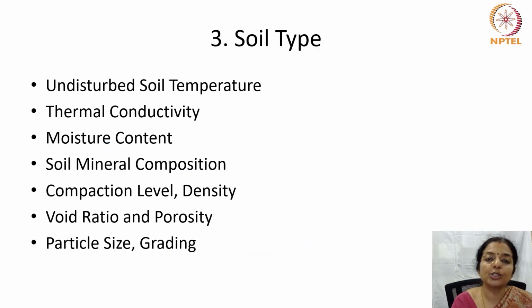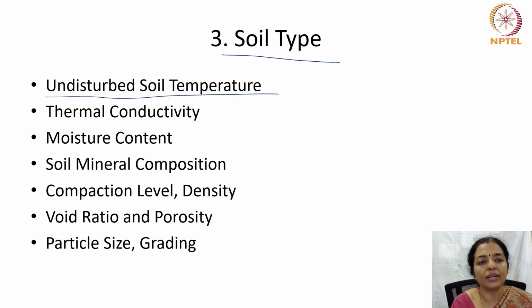Third is soil type. So soil type is very important. You should have undisturbed soil temperature. The soil temperature should not be disturbed. It will normally not be disturbed unless there is a water body or something like that. Next is thermal conductivity. The thermal conductivity of the soil is very important.